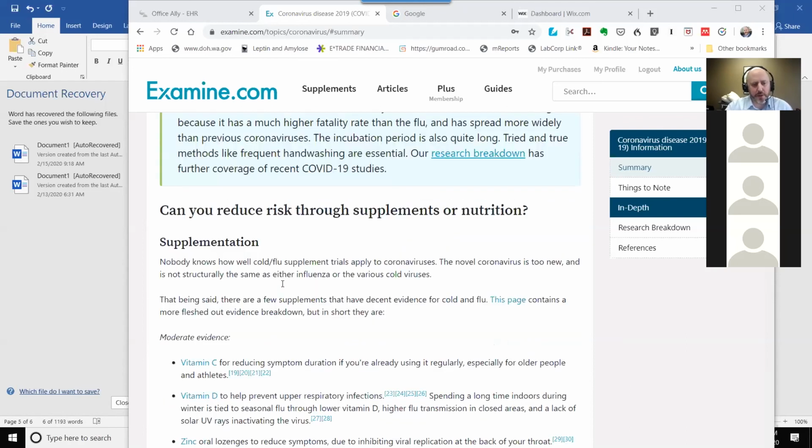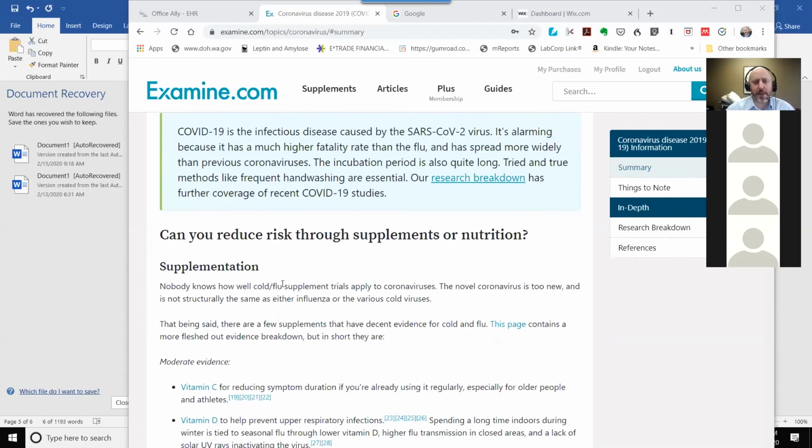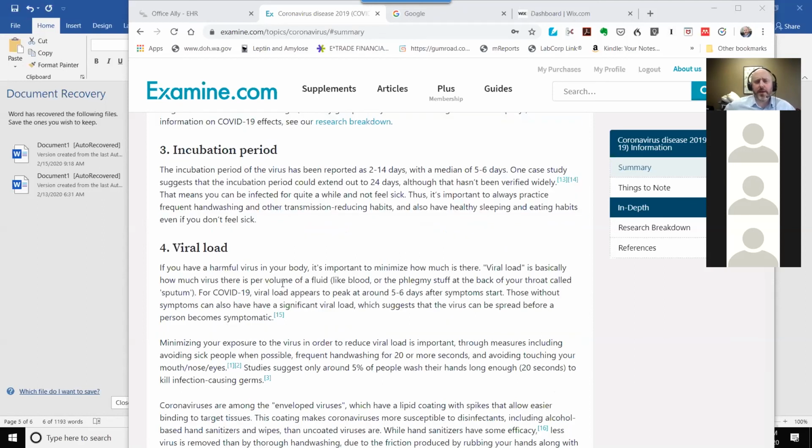And I'm not going to review all the supplementation because we've talked at length about this, but again, Th1 support with things like sulforaphane, which I talked about yesterday, and sprouting with broccoli sprouts.